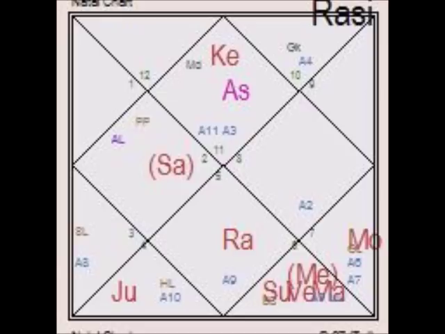So we need to understand, along with the main lagna which we normally consider, or the other lagnas like the Chandra lagna or the Surya lagna, these special lagnas, so that we can do a better analysis.